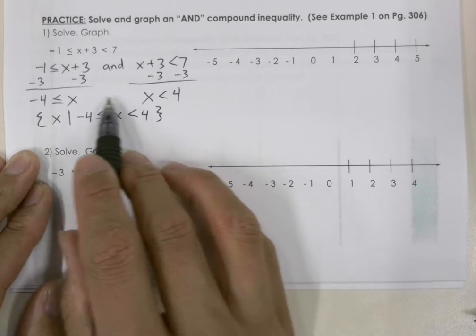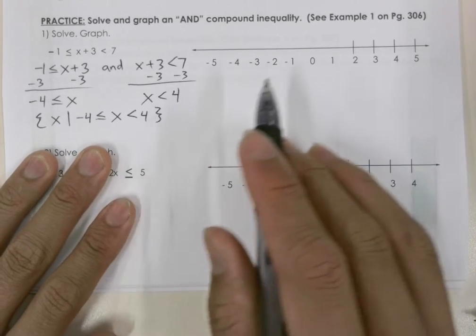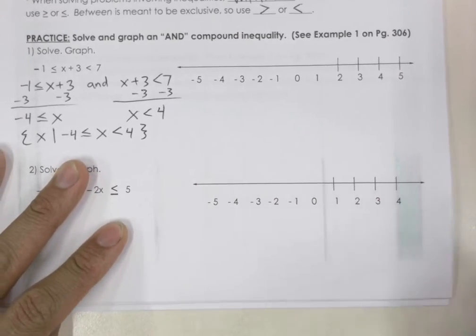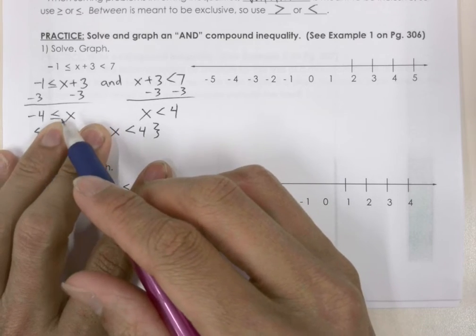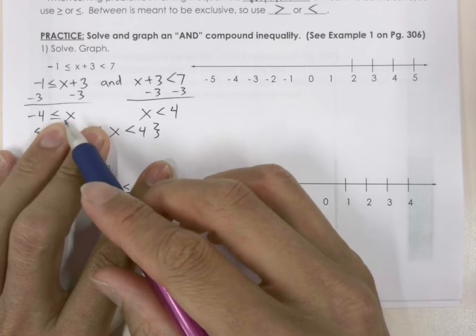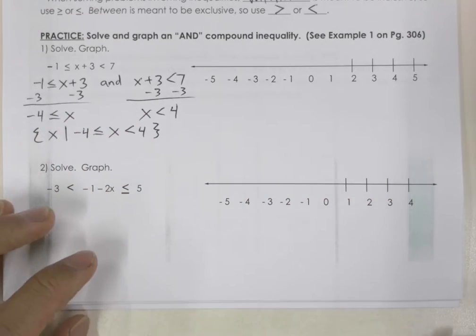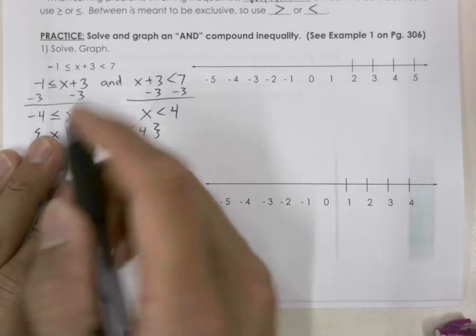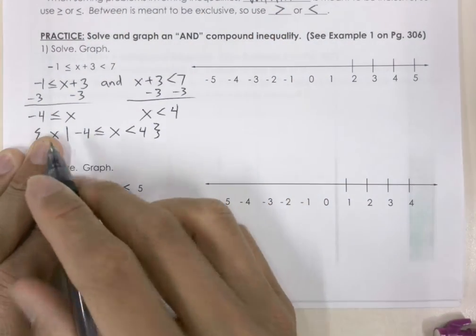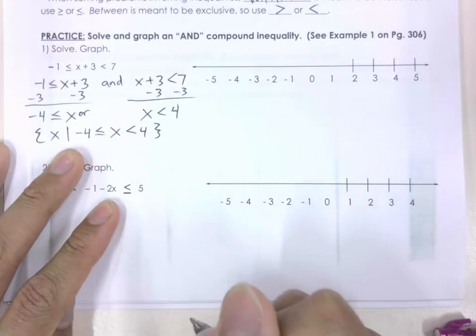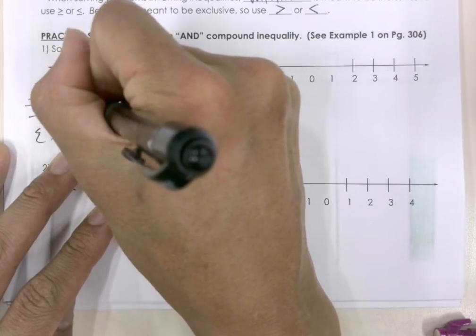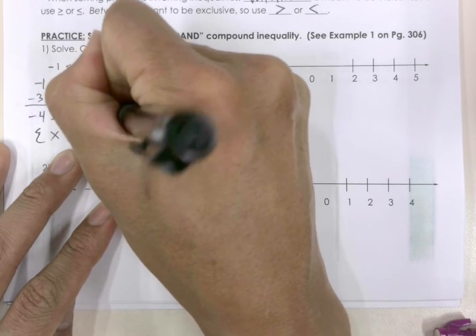Alright, so we have our solution set, and now how do we graph that? Well, let me get a pencil, and we're just going to start by graphing this inequality here. I feel more comfortable graphing this when I have the variable on the left side of the inequality, so I'm going to say x is greater than or equal to -4.